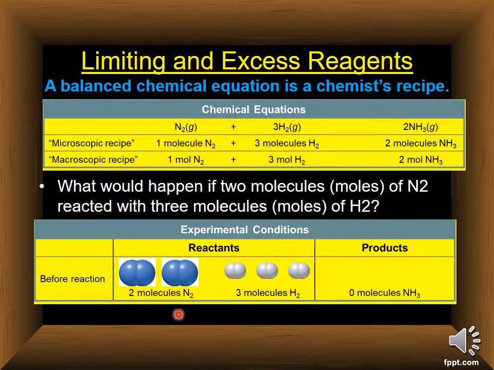So overall you have 2 molecules of nitrogen, and initially 3 molecules of hydrogen as well, before the reaction.